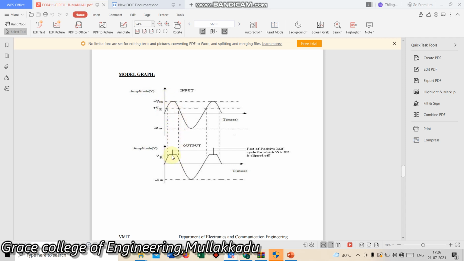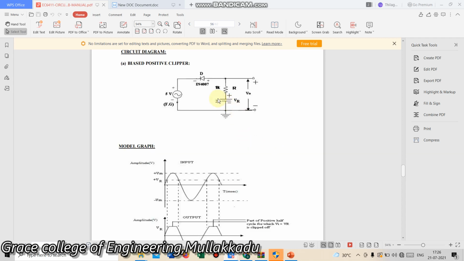When will it be clipped? When the input voltage is greater than the reference voltage, the positive part will be clipped off. Here we take the reference voltage as 2 volt. When this input voltage becomes greater than the 2 volt, it will clip. If the input waveform is greater than this 2 volt, it gets clipped to the 2 volt.